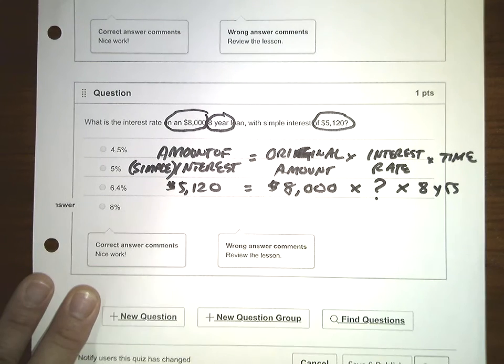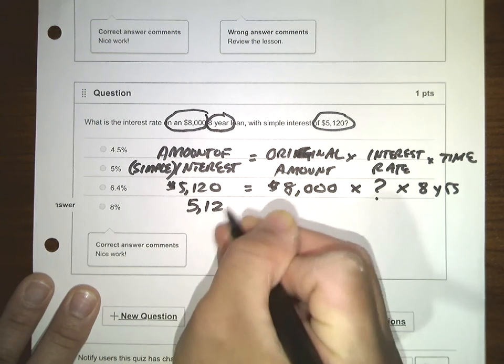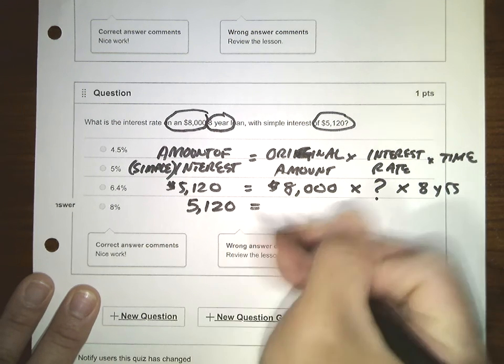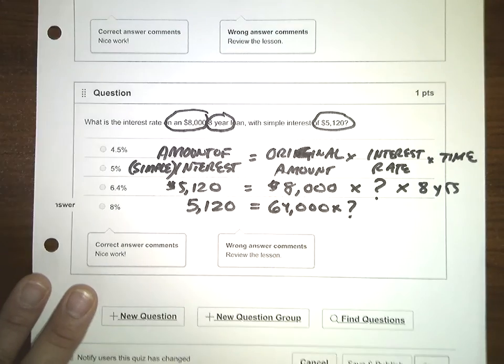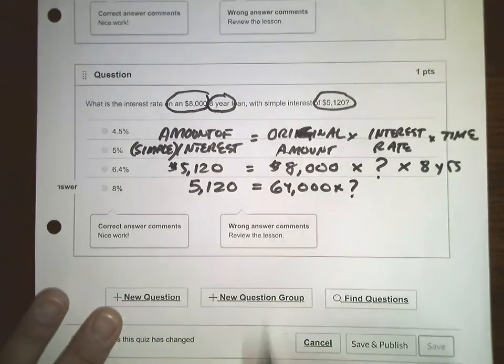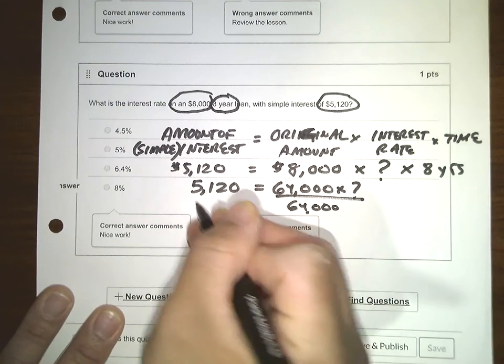So I'll multiply 8 times 8,000. So that will give me 64,000. So 5,120 is equal to 64,000 times this question mark, that interest rate that we don't know. And then I'll divide by 64,000.